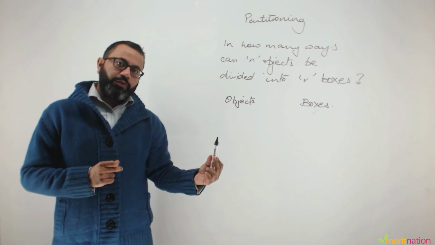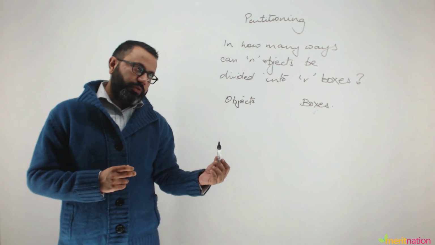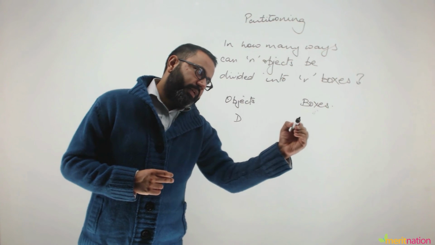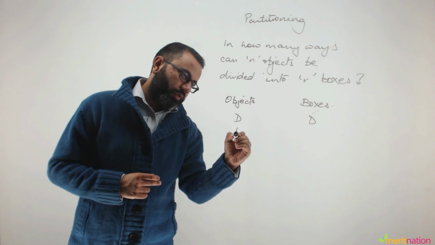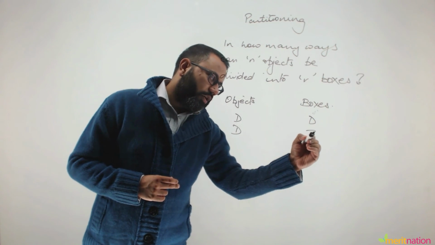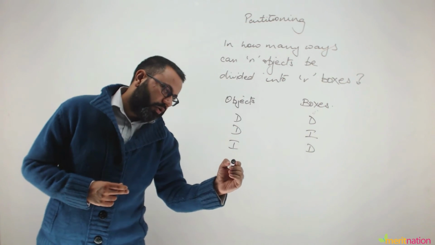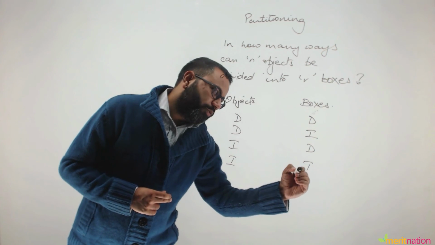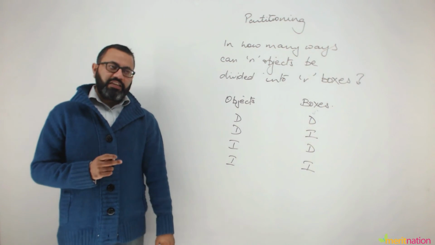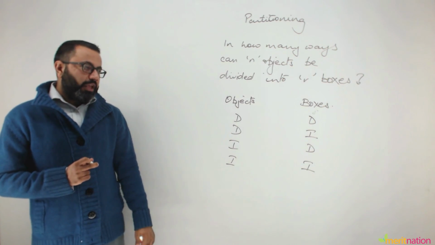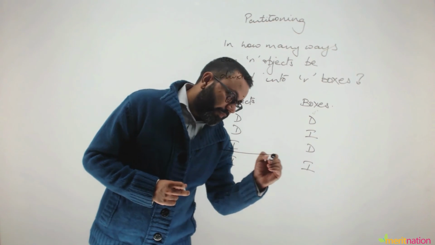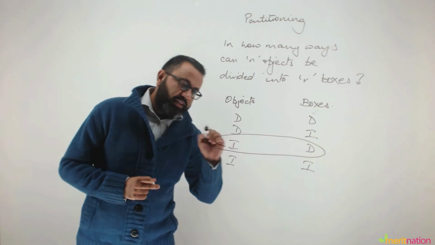I'll use D for distinguishable and I for indistinguishable. Both objects and boxes may be distinguishable. Objects or boxes one at a time may be indistinguishable, or they may both be indistinguishable. We end up with 4 of these cases, and today we'll focus on this case.